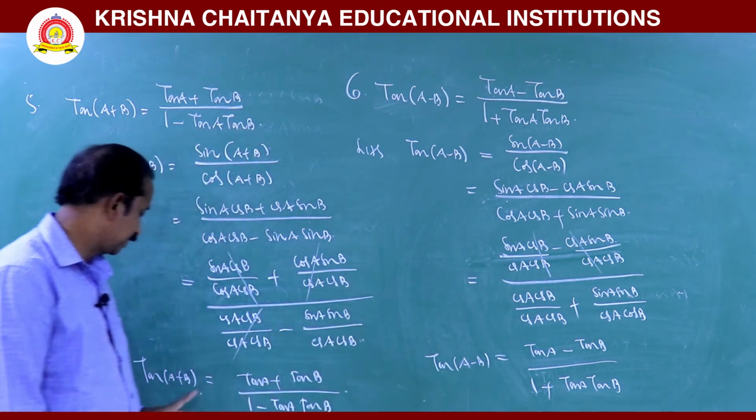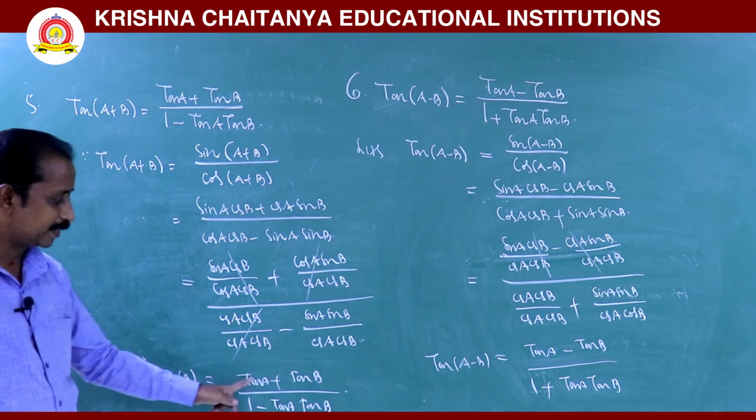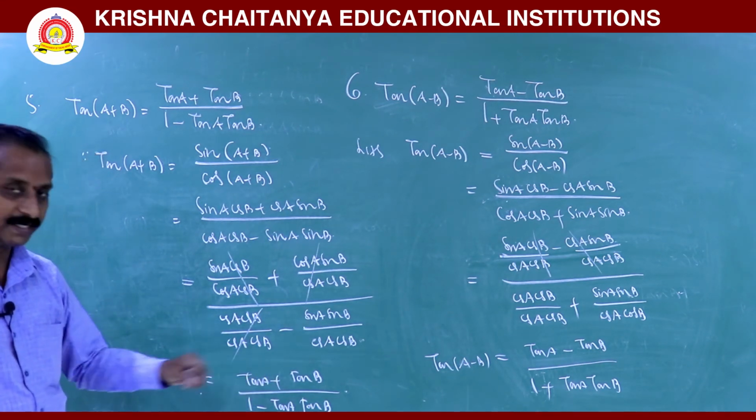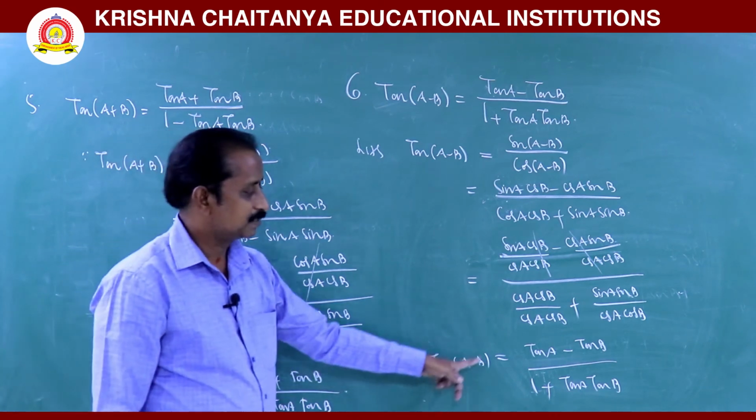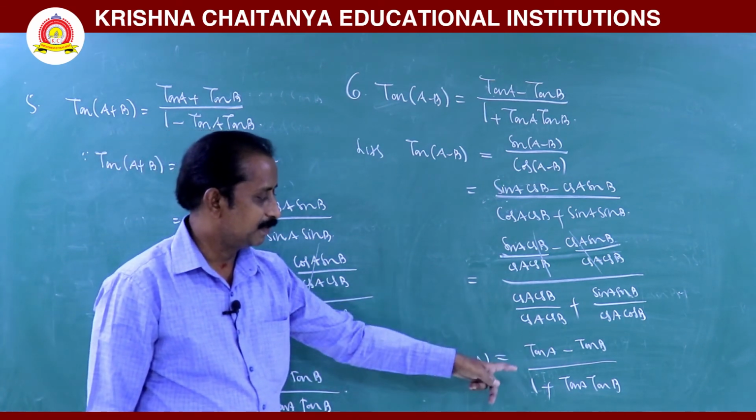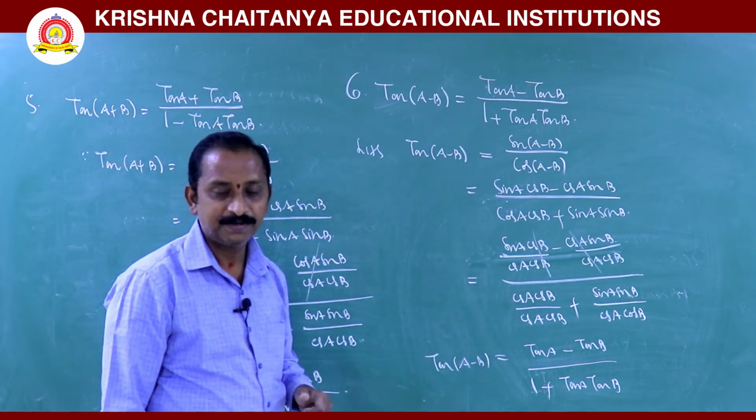So keep in mind tan A plus B is equal to tan A plus tan B by 1 minus tan A tan B. Tan A minus B is equal to tan A minus tan B by 1 plus tan A into tan B.